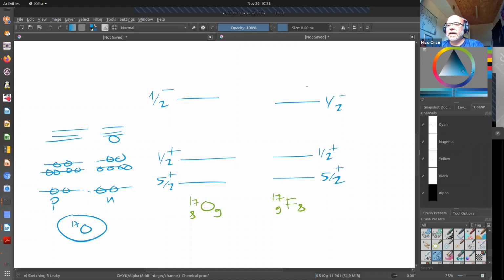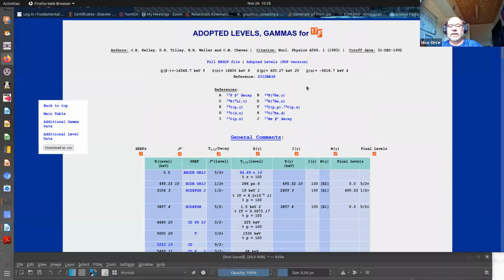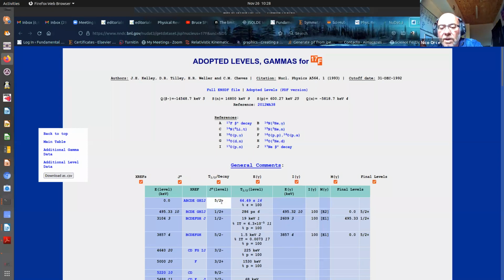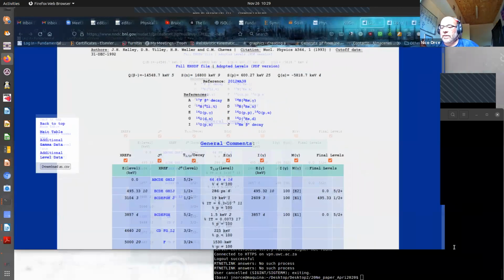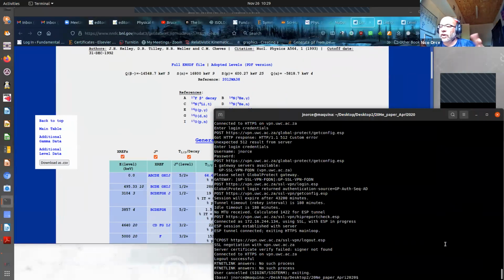So as you can see, the excitations are very similar. 5/2 plus, 1/2 minus at 3.1 MeV. The other one was 3055. Very similar excitation energies, and this is a property of the shell model, but also a property of isospin symmetry, where similar nuclei are obtained by exchanging protons and neutrons.